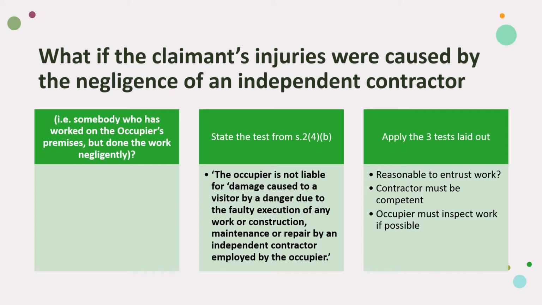And we need to analyse this as much as possible. But there are things which you might not be able to inspect, which is why you get people to do jobs in your house, because you may not know much about how to do them. And we're talking house, but it could be any kind of premises here. So, for example, if the tiles on the roof have been done, you probably can't inspect your own roof. So we need to be careful about how we approach this.